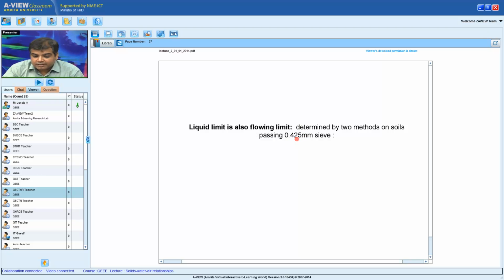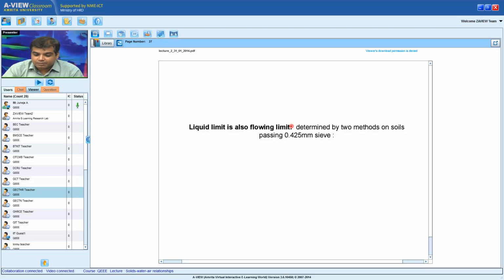So we are looking at particle size which includes fine sand, silt and clay to determine the liquid limit. Now, many of you would ask, liquid limit is normally associated with clay, maybe plastic silts to some extent. Why would you do the test using fine sand? That's a good question.